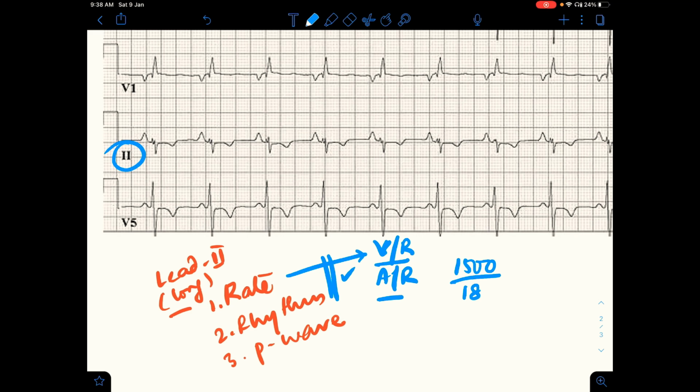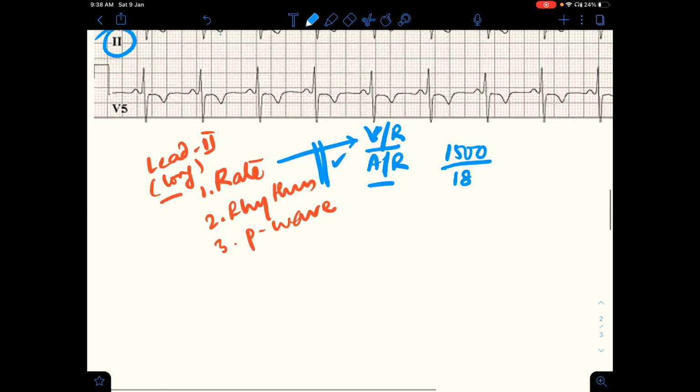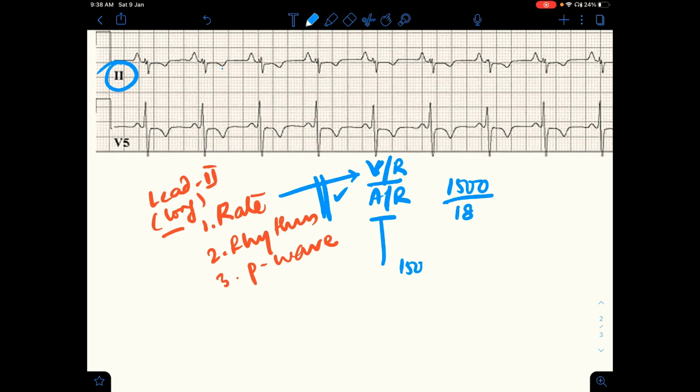While the atrial rate is around this one, it's also around 18 small boxes, 1500 by 18.